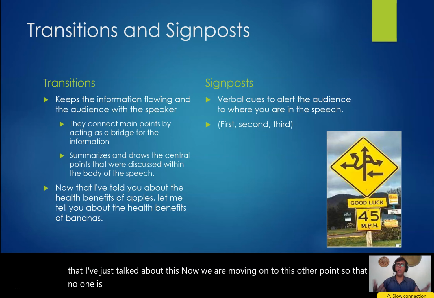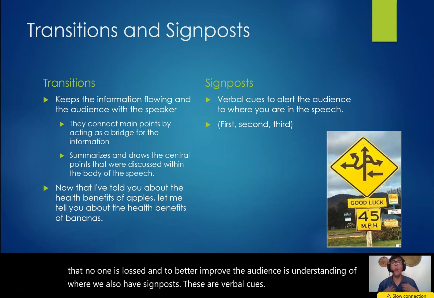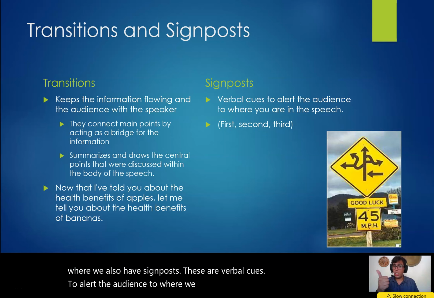And to better improve the audience's understanding of where we are, we also have signposts. These are verbal cues to alert the audience to where we are in the speech. First, second, third, that can work.